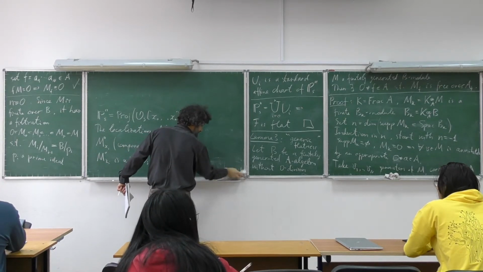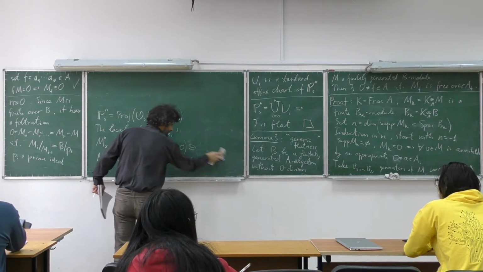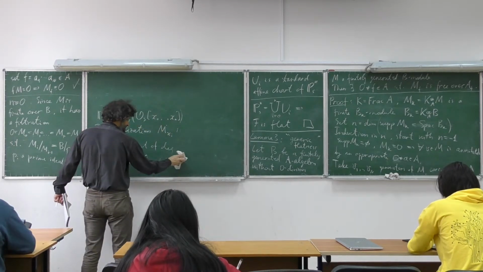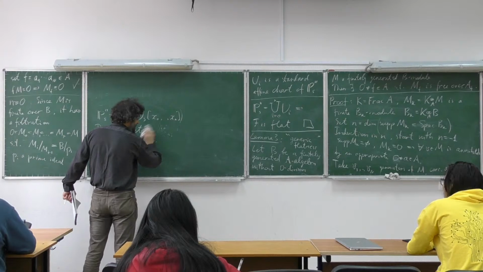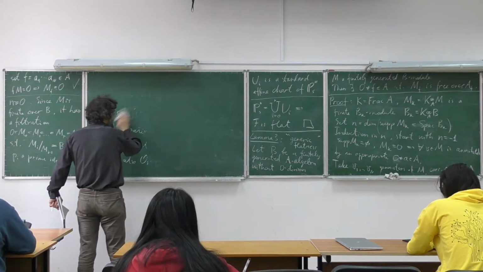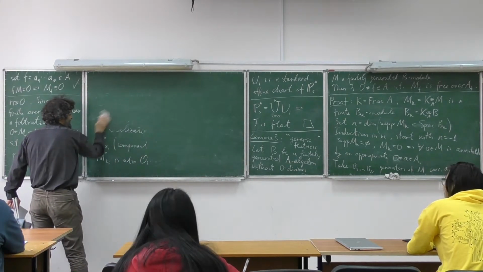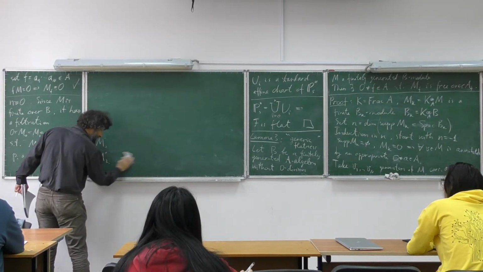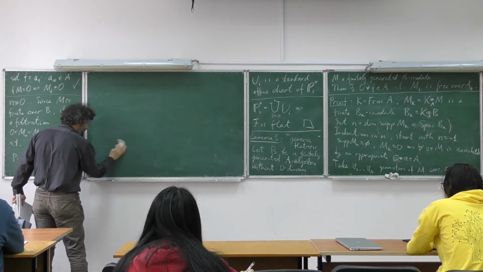And now it's not very small. So when we go to the generic point of A, it does have some support, at least 0-dimensional.